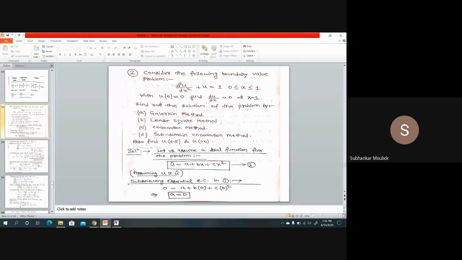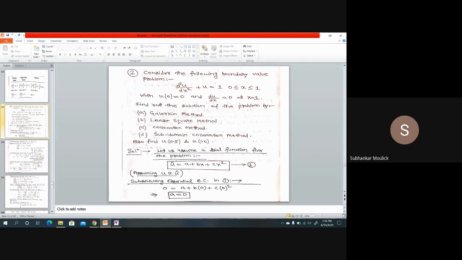d2u by dx square plus u minus 1 equal to 0. Yes sir. And not u, it will be u cap, because you are approximating the exact solution.